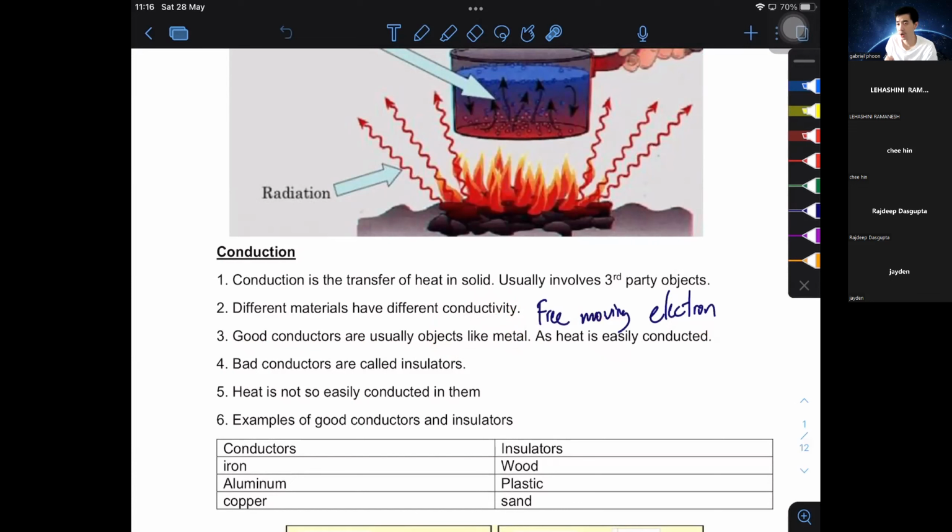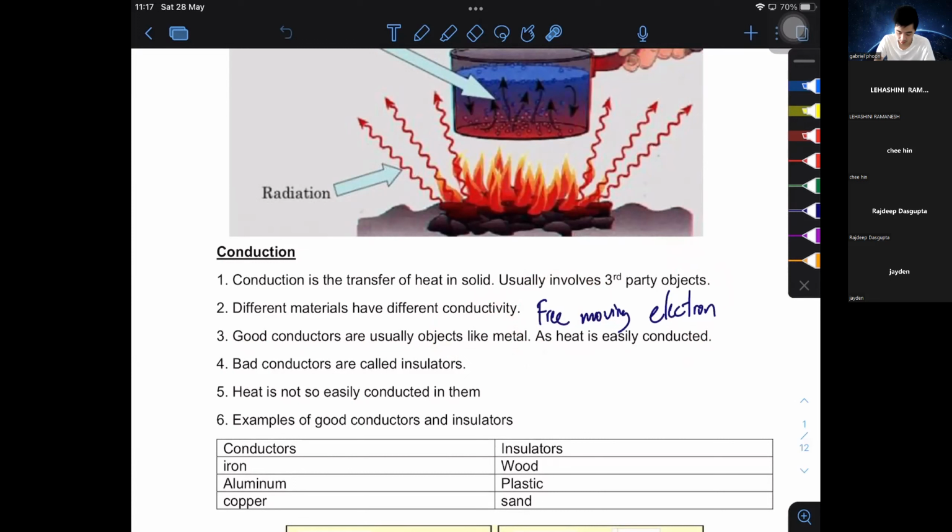Now, guys, in your IGCSEs, whenever they talk about heat or electricity being easily conducted, the reason why metals are good conductors of heat and electricity is simply because they have free moving electrons inside the material.